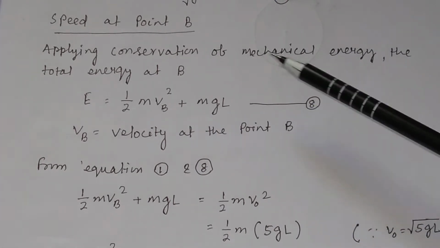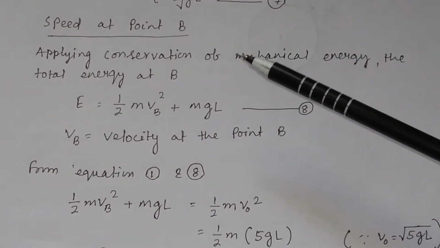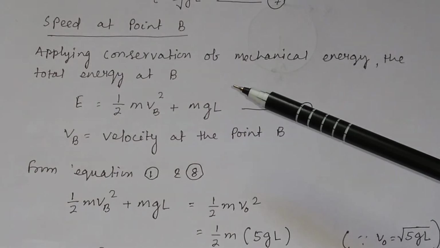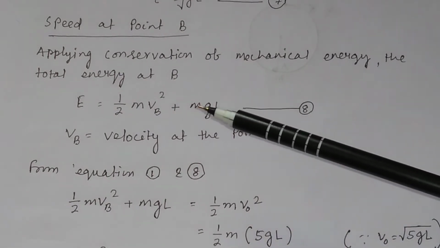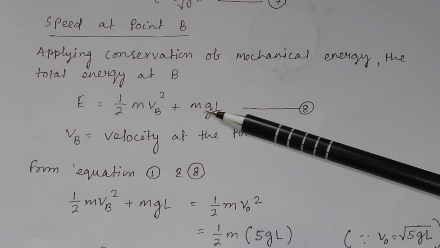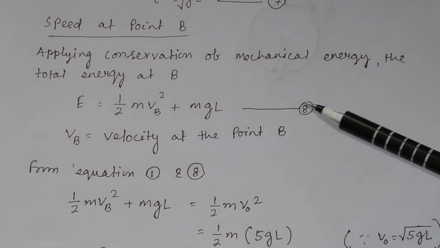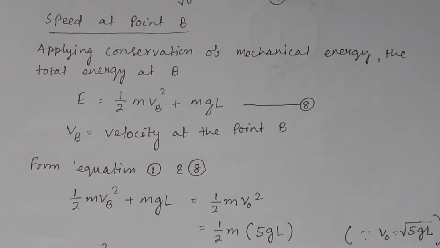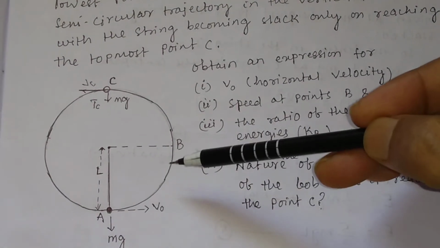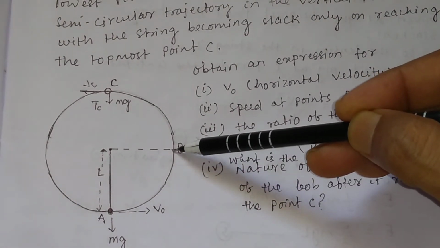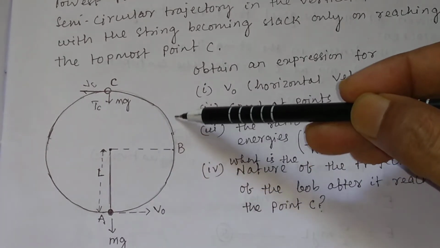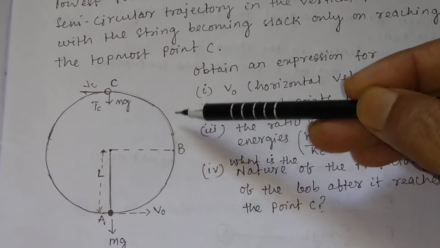Now let us calculate the speed at the point B. Applying conservation of mechanical energy, the total energy at B will be equal to half m vb square plus mgl, where vb is the velocity at the point B. You see from this figure, at this point B, suppose the velocity is equal to vb, and the direction of the velocity is this side and it is tangential.